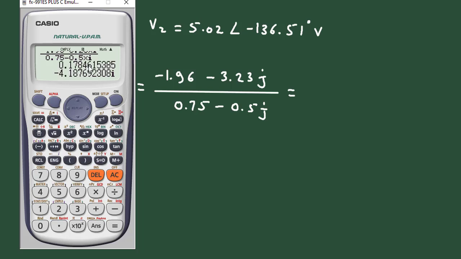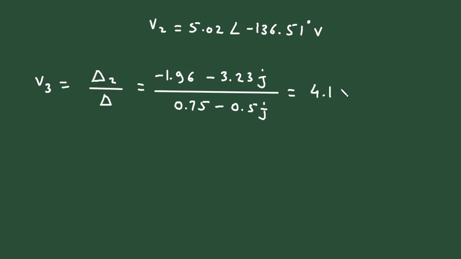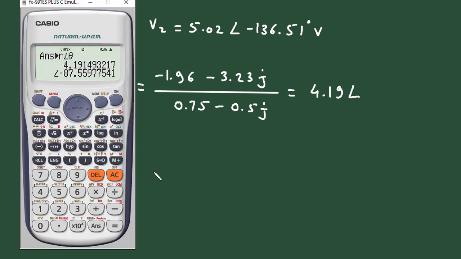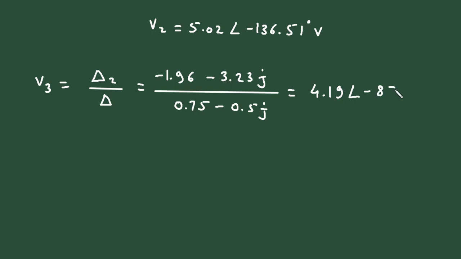In polar form, shift 2 3, it is 4.19 at an angle minus 87.55 degree volt. So this is the answer for V3.